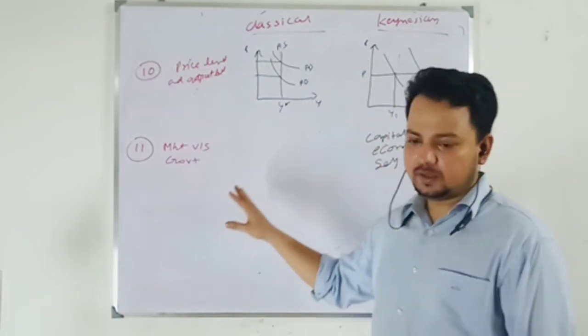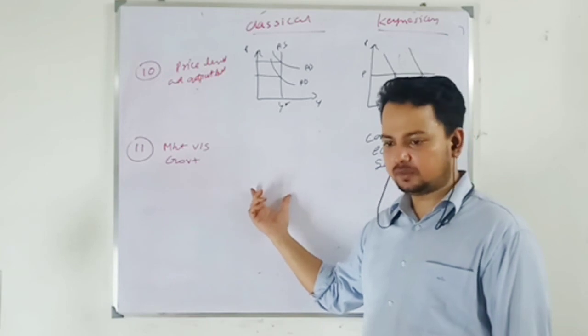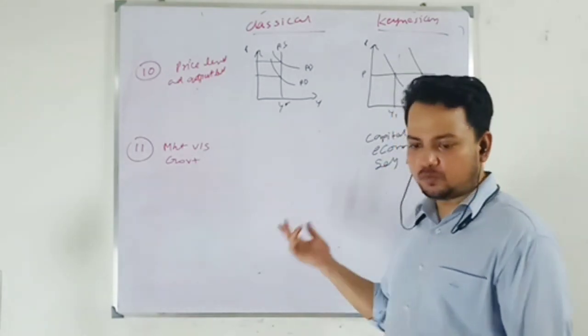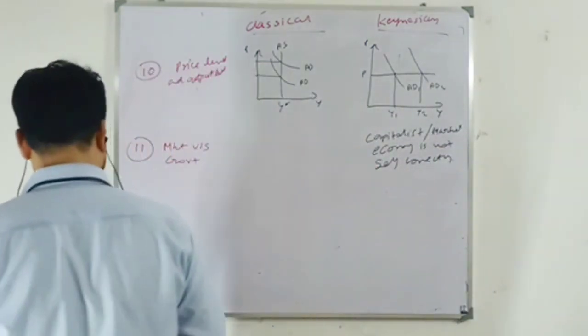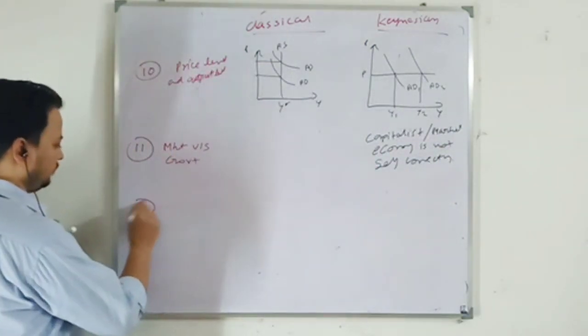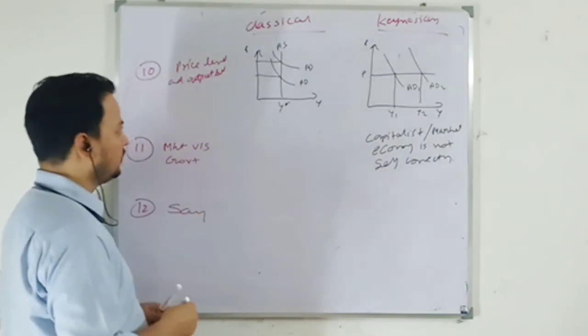And one point you have already done: real factors, that everything is determined in the classical model based on real factors. Here real and nominal factors both we can use, so I am not writing that point. Saving. Let's talk about saving. Saving is a virtue in the classical model.